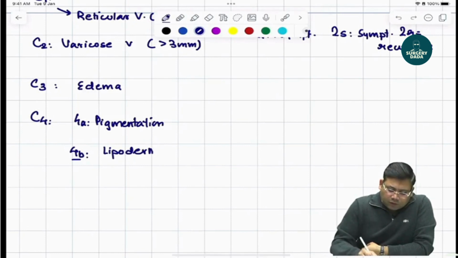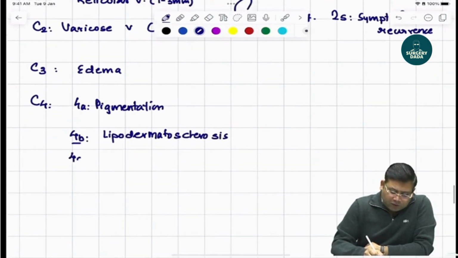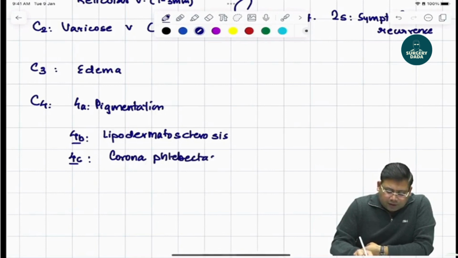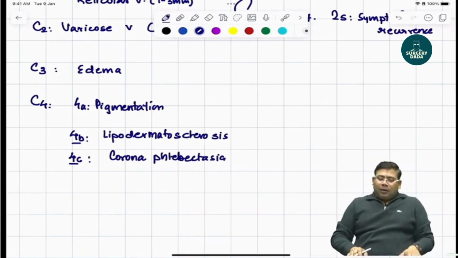Even they consider corona phlebectatica or dermal flare also as 4B, but if you see the Love and Bailey edition, they say that corona phlebectatica is 4C. What is the difference between corona phlebectatica and lipodermatosclerosis?